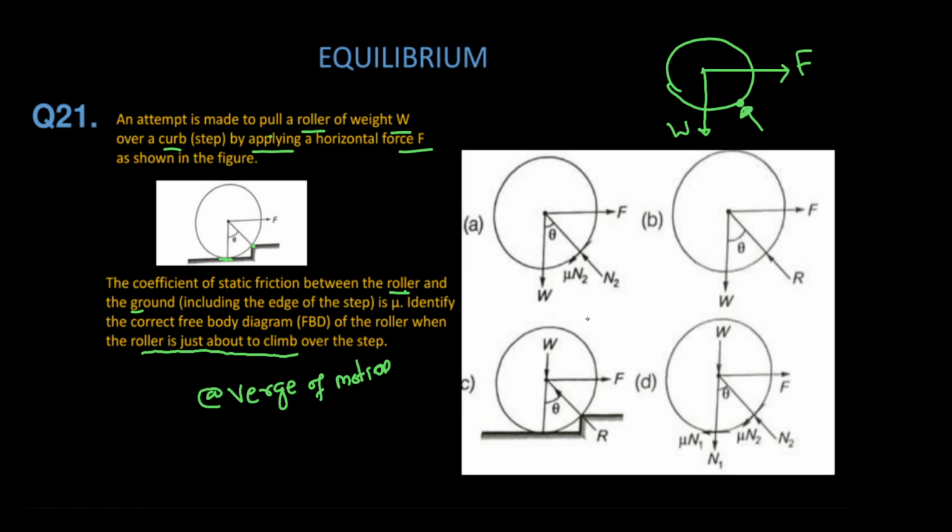There are 3 forces, so for equilibrium these 3 forces must be concurrent, so the force will pass through this center. So this will be the free body diagram.